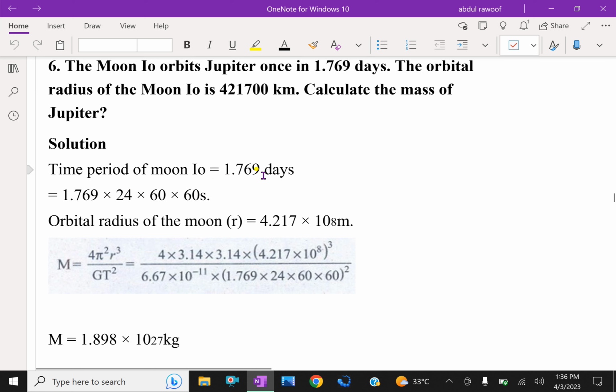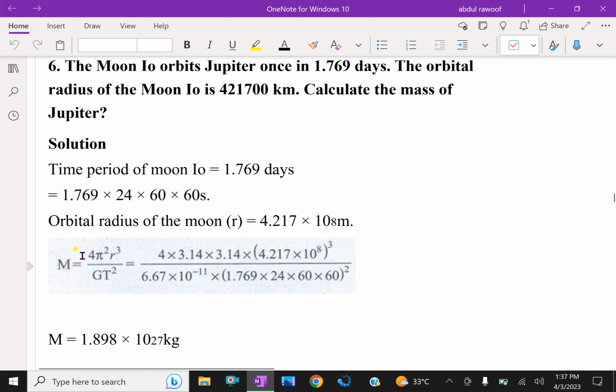Here we have to convert it into seconds. That is 1.769 times 24 hours times 60 minutes times 60 seconds. The orbital radius of the moon is given as 421,700 kilometers, which converted to meters is 4.217 times 10 power 8 meters.